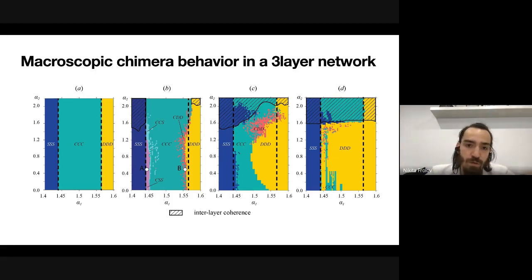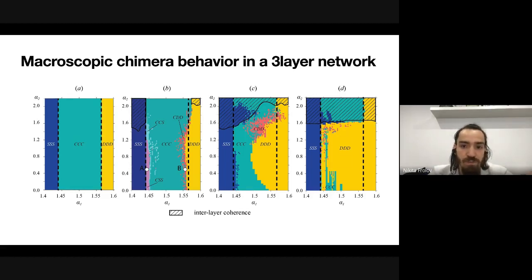Figure B represents the weak coupling, C is intermediate coupling, and D is strong coupling between the layers. From figure B, one can see that a slight increase of the interlayer coupling results in the overlapping between the regions.